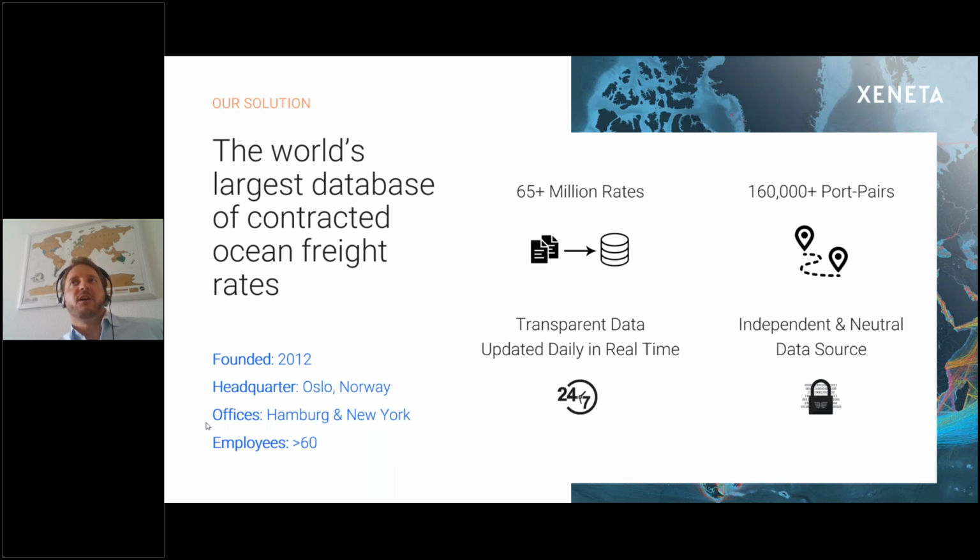We really have a constant influx of several million contracted rates pouring into our database from our vast customer base all around the world, which now leads to around 160,000 port pairs. This enables us to bring value to most of our customers and gives them an overlap with their own networks, in most cases around 90 to 100%.